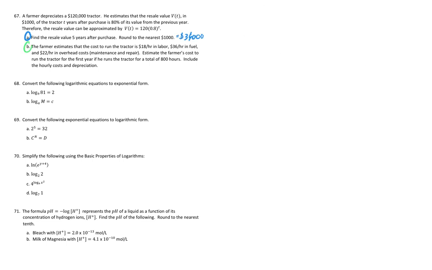Okay, looking at part B now. The farmer estimates the cost to run the tractor is $18 an hour in labor, $36 an hour in fuel, and $22 an hour in overhead cost. Estimate the farmer's cost to run the tractor for the first year if he runs the tractor for a total of 800 hours. Include the hourly cost and depreciation. So first we want to find out what the hourly cost is. So remember, I had a function f of h, and that's going to be our hourly cost.